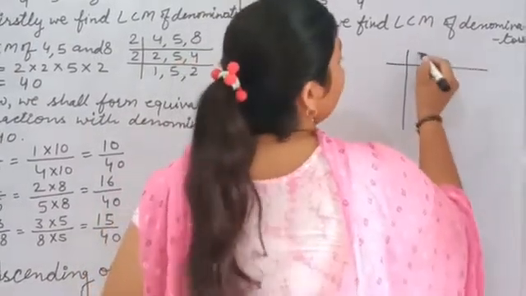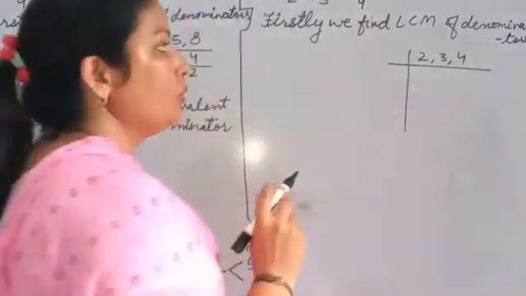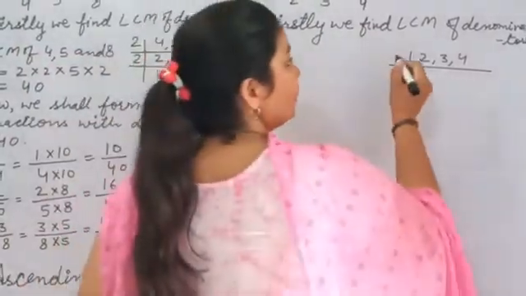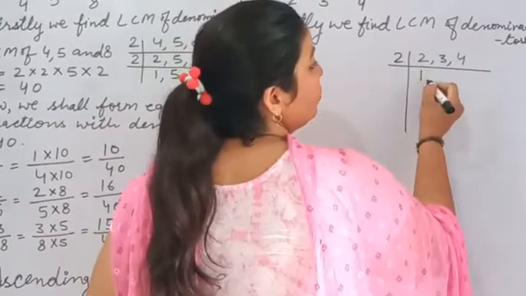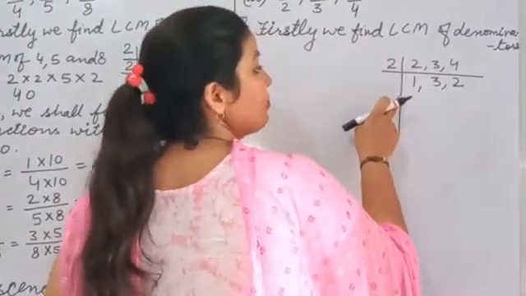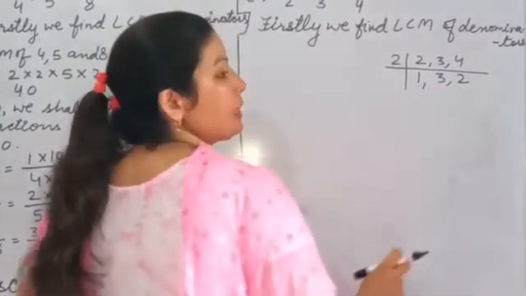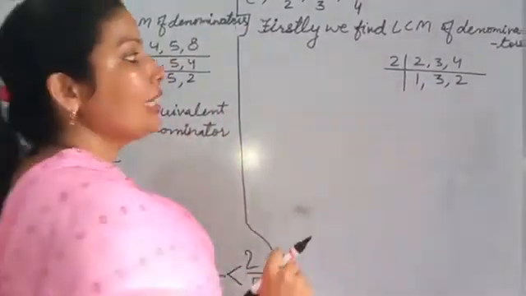2, 3, 4. Now 2 and 4 come in two tables. So firstly we take here 2. 2 ones are 2. 3 as it is. 2 2s are 4. Now we can see that these are the prime numbers. 3 and 2 are the prime numbers. They do not come in each other's table. So we can leave here.